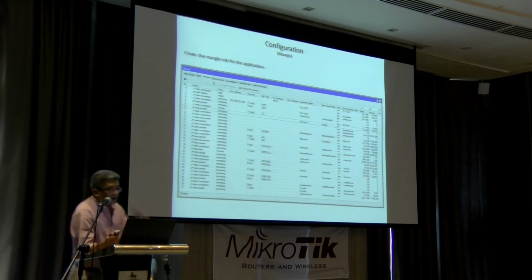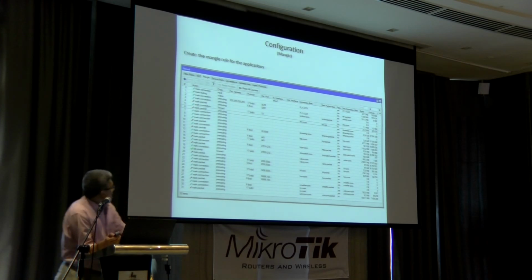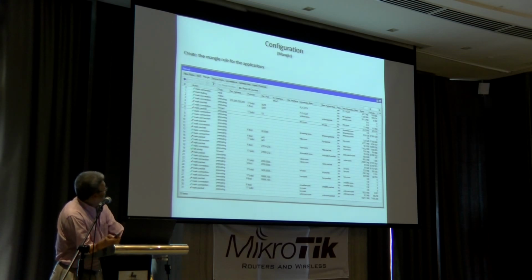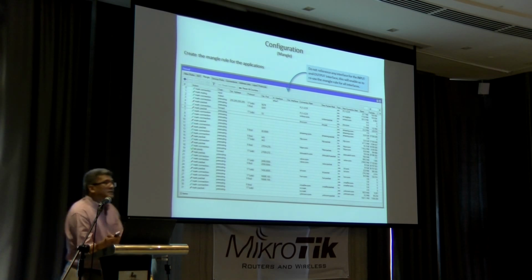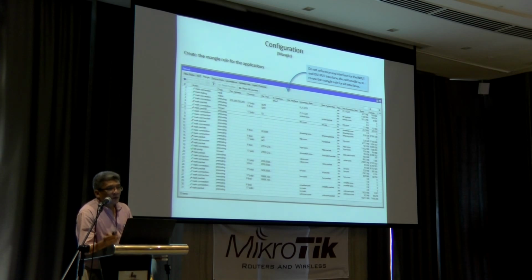Now, here is the Mangle rule. There's nothing really special about the Mangle rule, just a standard Mangle rule. One of the tricks is do not reference any input or output interface on each Mangle rule. That way, we can reuse the rule and apply it to all interfaces. Imagine this.